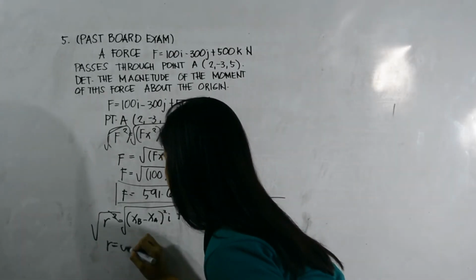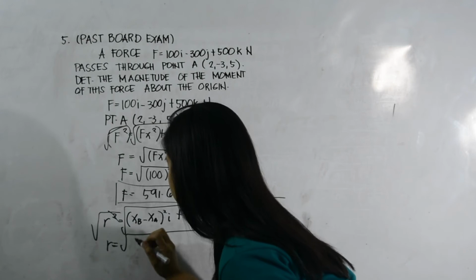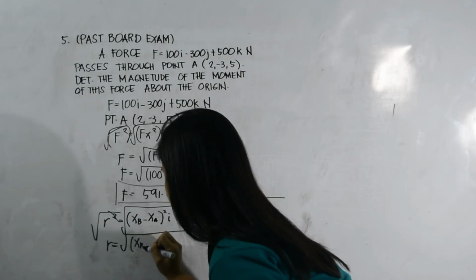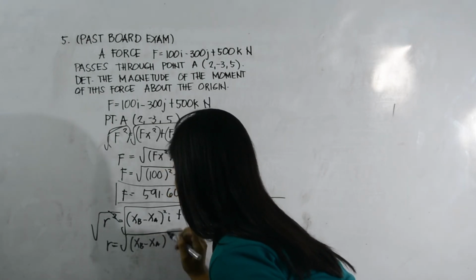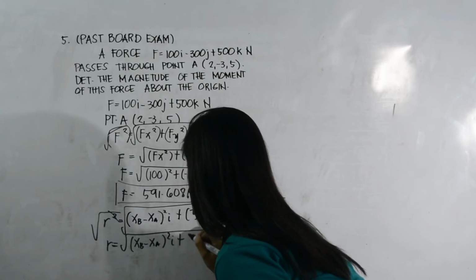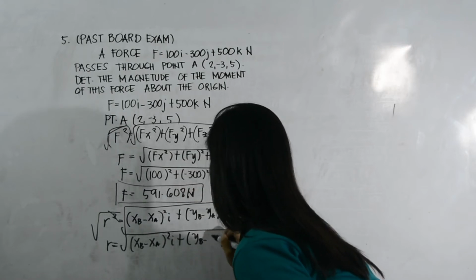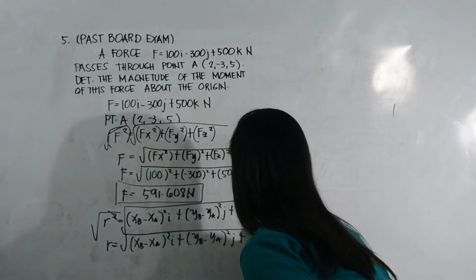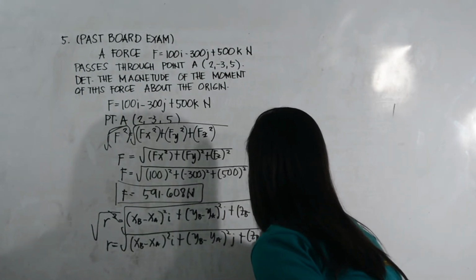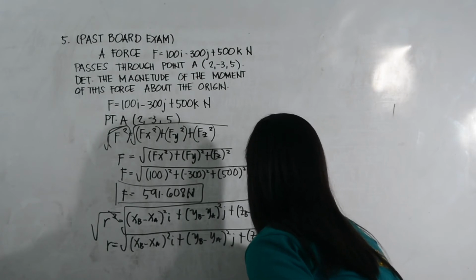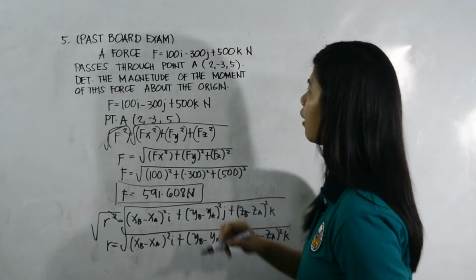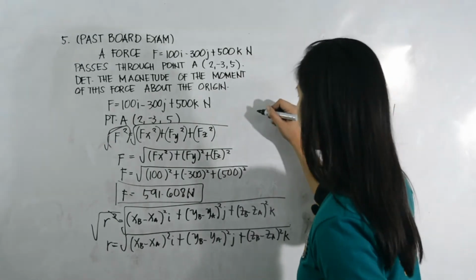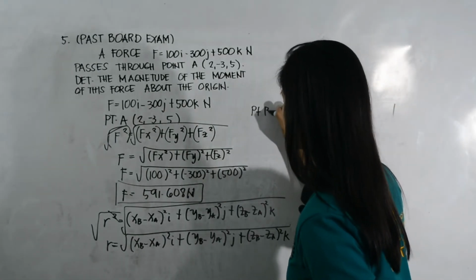Now we have r equals the square root of (xb minus xa) squared I plus (yb minus ya) squared j plus (zb minus za) squared k. Since we only have point A, let's assume our point B is all 0.